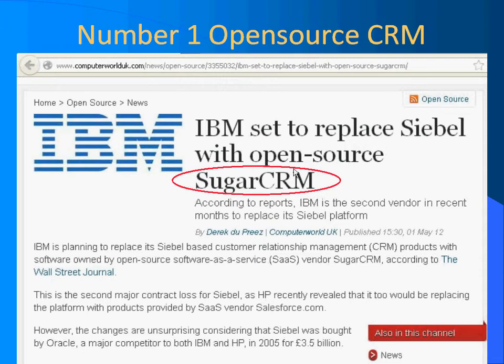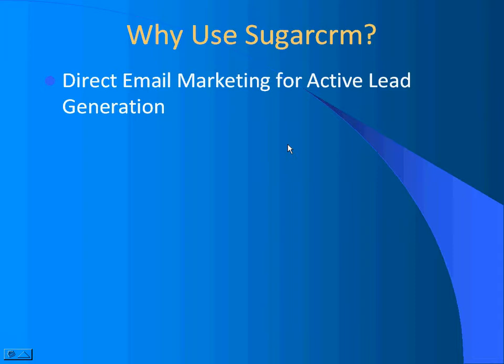So why use Sugar CRM? For small businesses like us, firstly, it can help you do direct email marketing for active lead generation. If you use an autoresponder, what you are doing is actually quite passive.